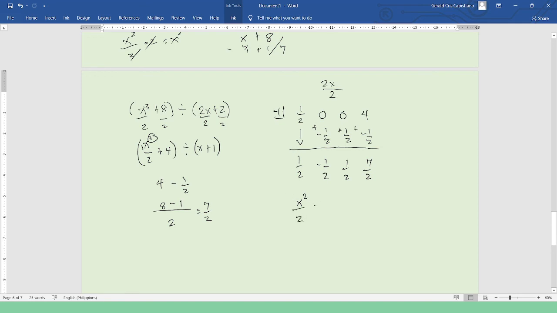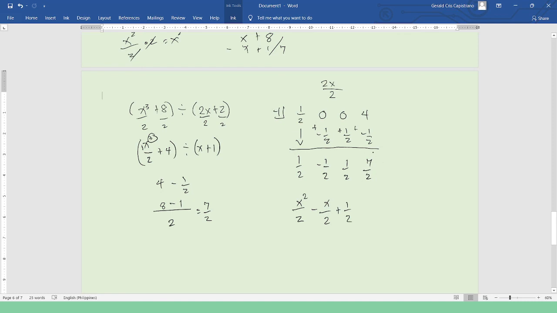Ang next natin ay x. Sulat mo lang ulit tong coefficient na to, yung -1/2. Same. So, x raised to 0 na tayo, that is just 1. So, we just need to add the plus 1/2.